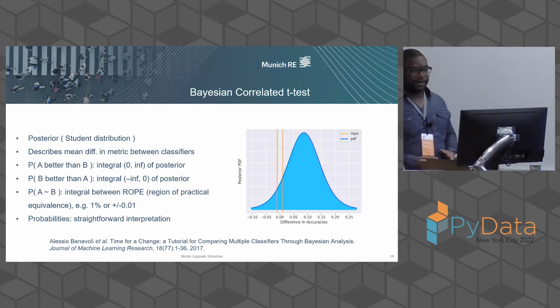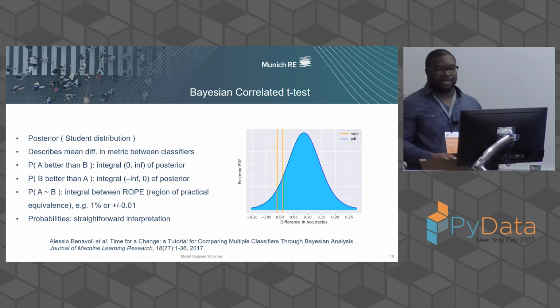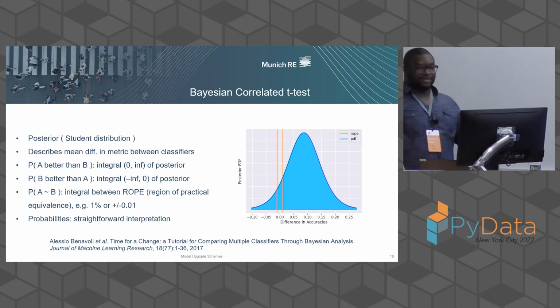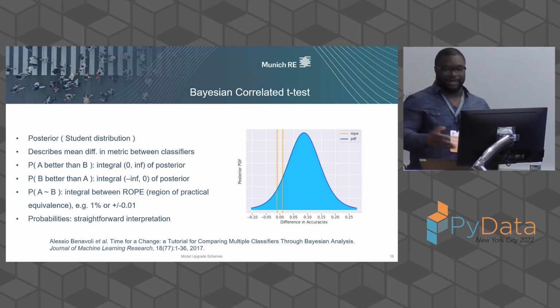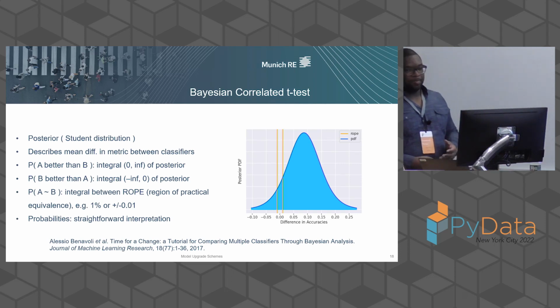And so, as I mentioned previously, you end up with a posterior distribution. In the treatment they did, it turns out to be a Student distribution, which we are conversant with in Bayesian analysis and statistics.